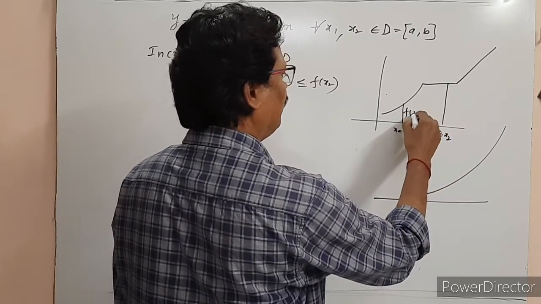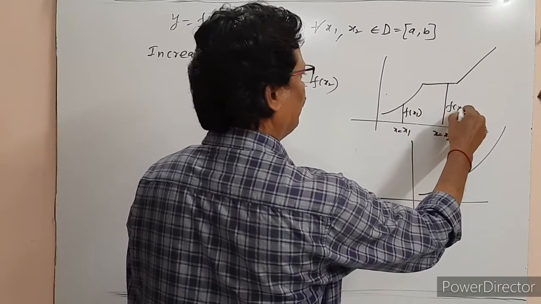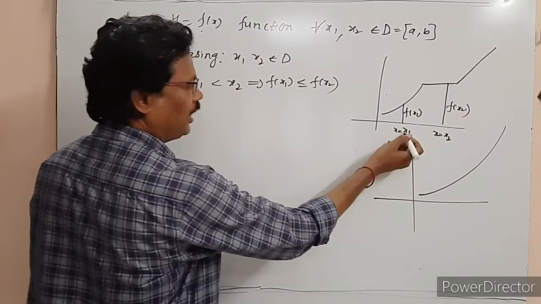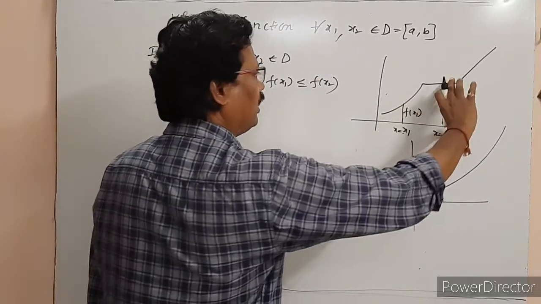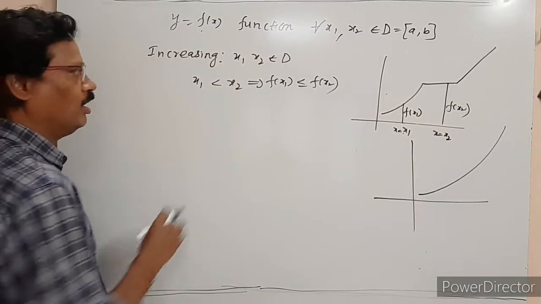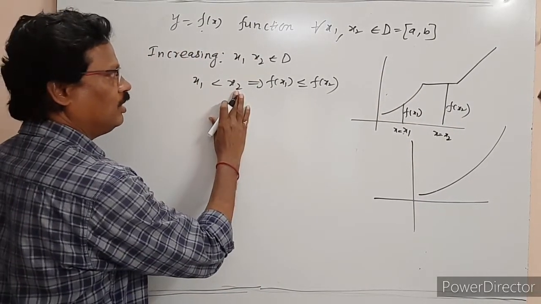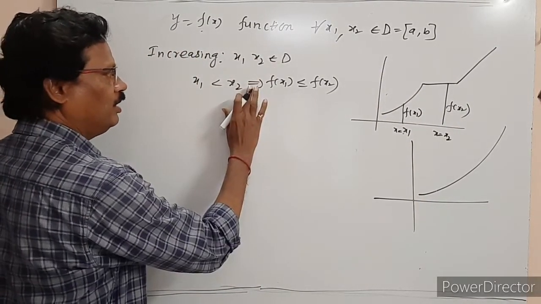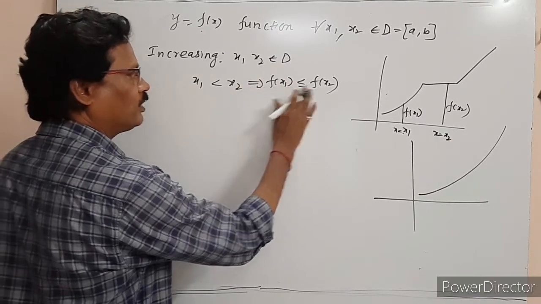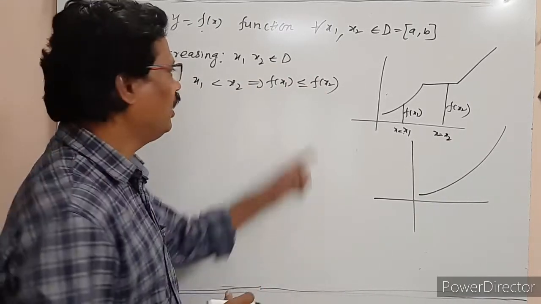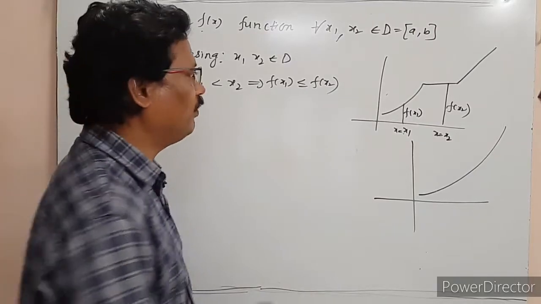This is f(x1), this is f(x2). Now x1 less than x2 in its domain implies f(x1) less than or equal to f(x2). Here maybe less than or equal to f(x2).